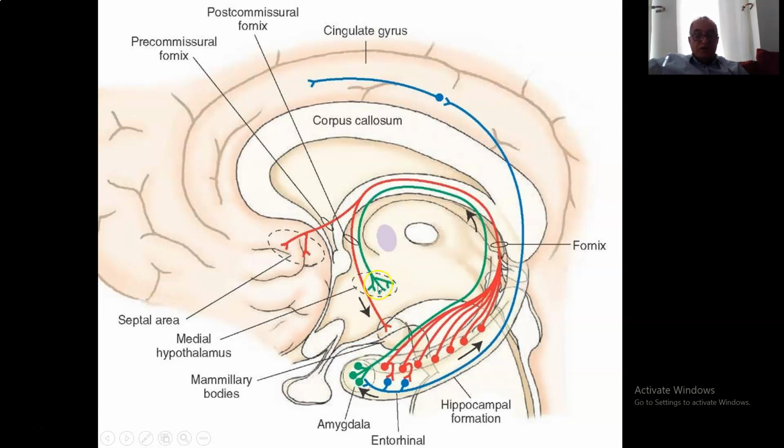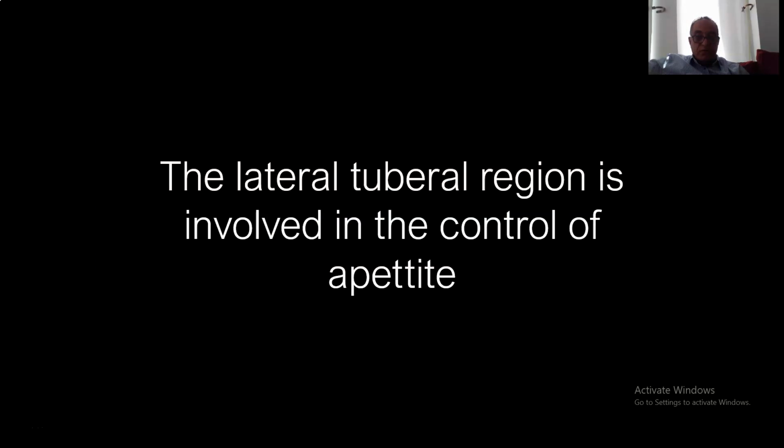That's why it is involved in emotions and in memory. And why in emotions? Also because it is involved in the pathway of Papez or the circuit of Papez. Mammillary body is involved, circuit of Papez for emotions, and taking the fornix from the hippocampus involved in memory. The lateral tuberal region is, as we said, control of appetite, the ventromedial nucleus.